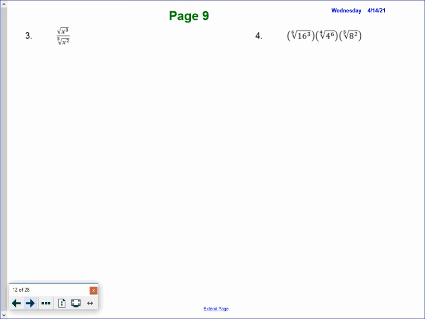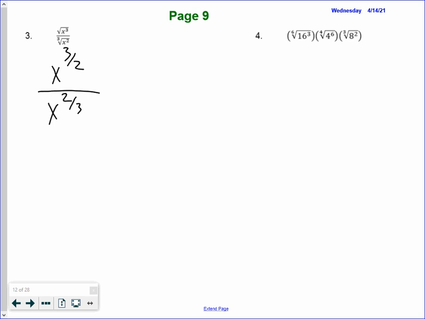And that's our simplified answer for number 2. All right, for number 3, same thing. We have a radical expression. We're going to rewrite it as a rational exponent and simplify it down as much as we can. So remember, the exponents are power over root. So on the first one, we have a power of 3 on the top and a root of 2. And the bottom has a power of 2 and a root of 3.